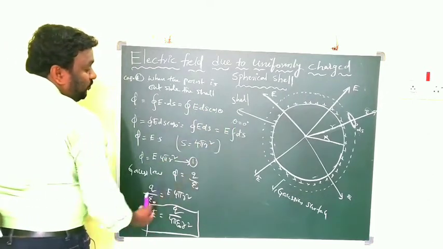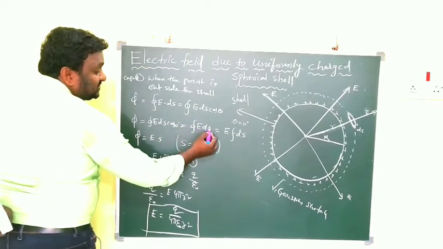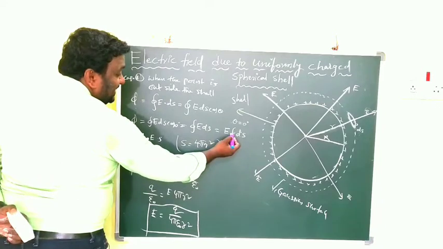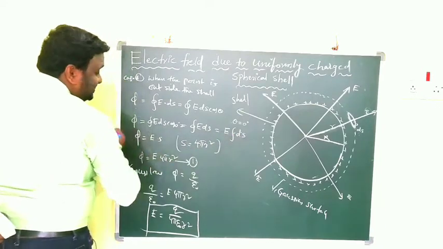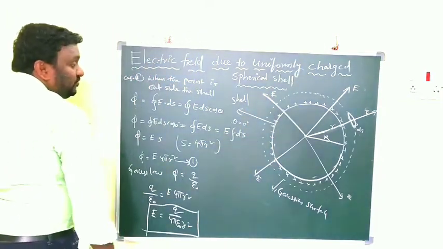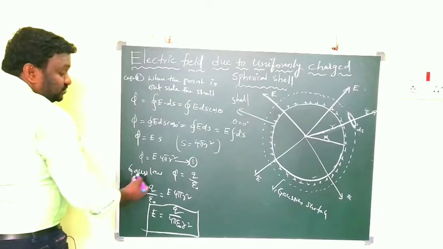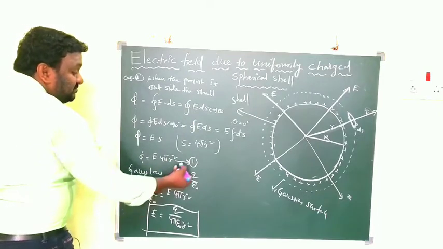Cos 0 is 1. Then phi is equal to closed integral E dot ds, E is constant here, integral ds gives S, the surface area of the Gaussian sphere. Then phi is equal to E into 4 pi r square, equation number 1.